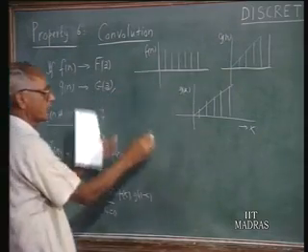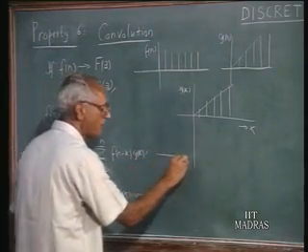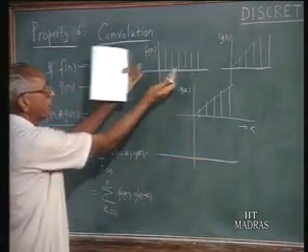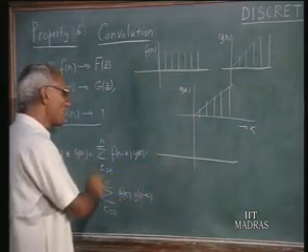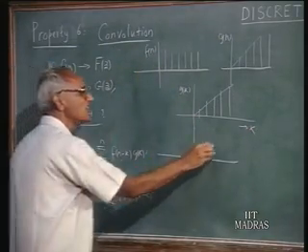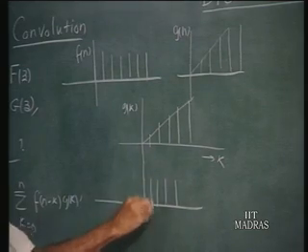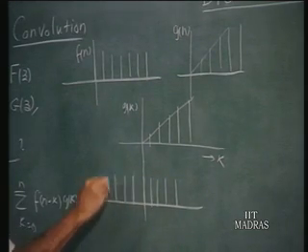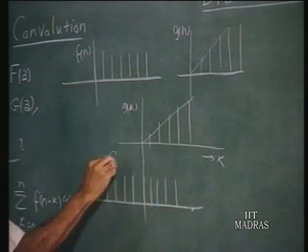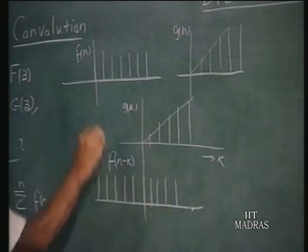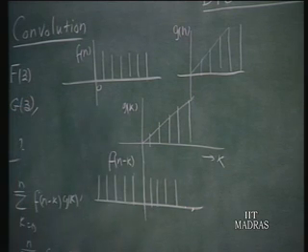This is Fn. So F(n minus k) would be obtained by folding this around the origin, and advancing this by n units. So you will have something like this. This is your F, and these are 0 samples here. This is F of n minus k, and now instead of starting at 0, it starts at n.